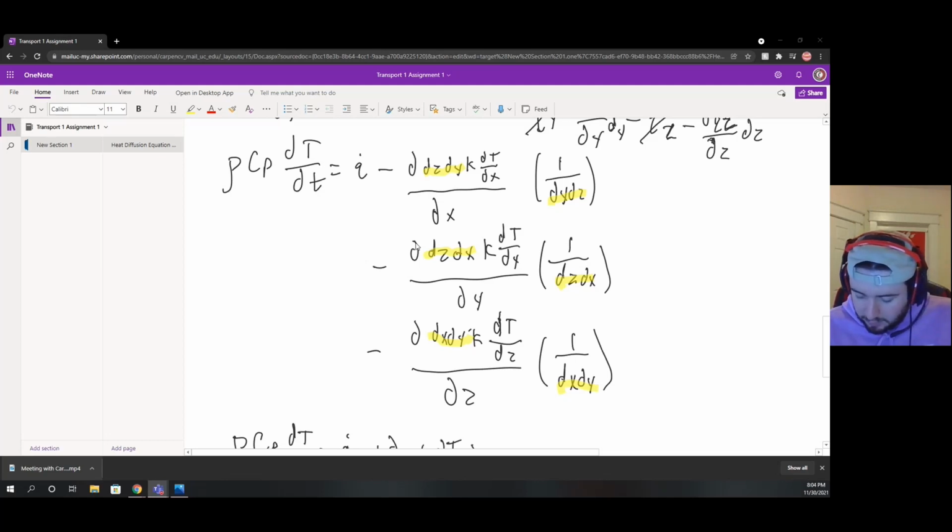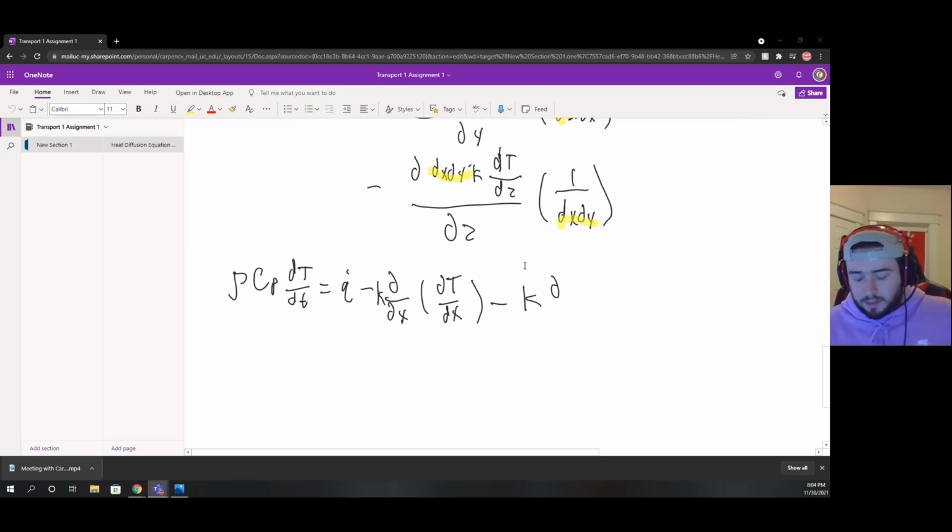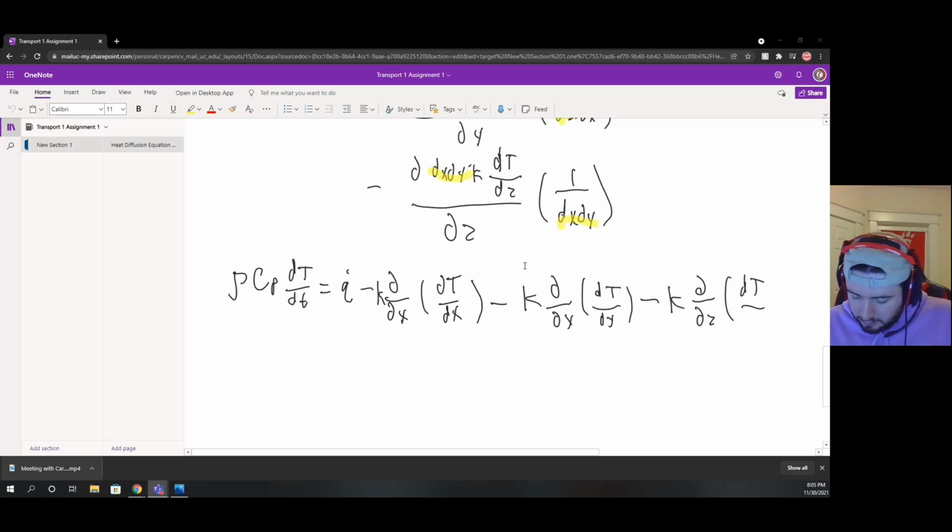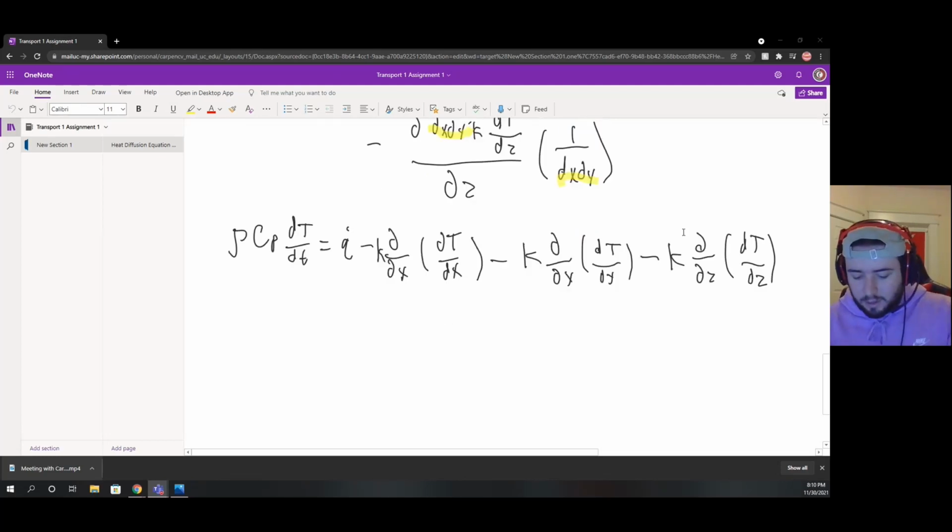So k is going to be out there, minus k times partial differential. Sorry, I just realized you can't see that. K times partial differential in terms of y, dT over dy, minus k times the partial differential of z times dT dz.